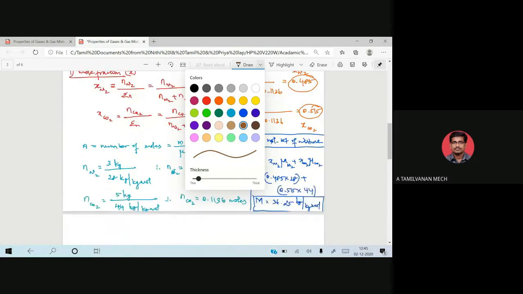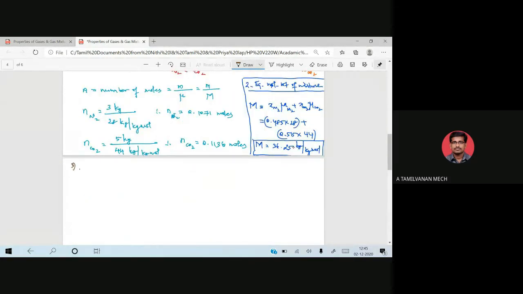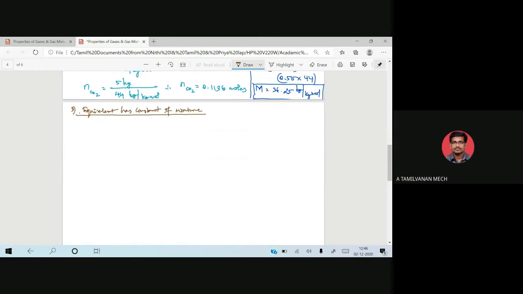Now we are going to calculate the third one, the equivalent gas constant of the mixture. We already derived the formula for it.